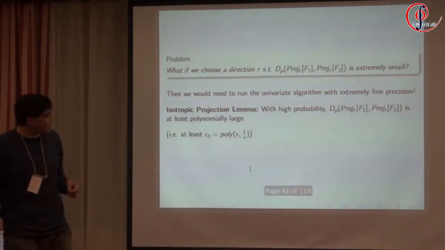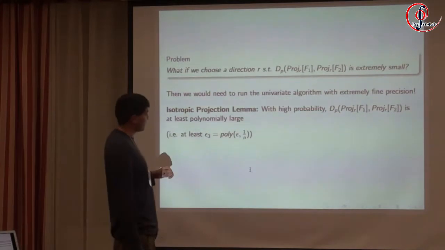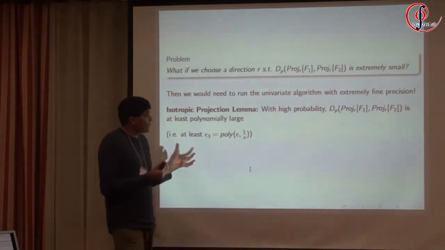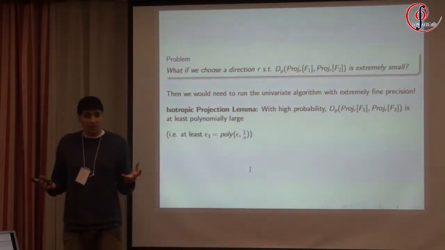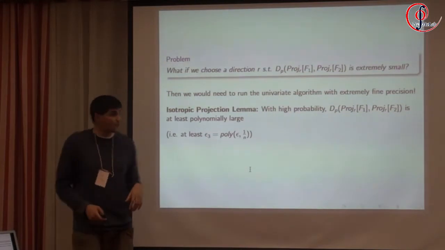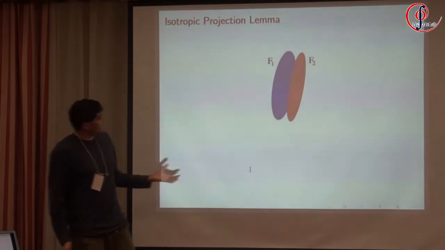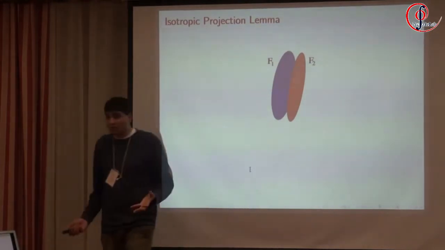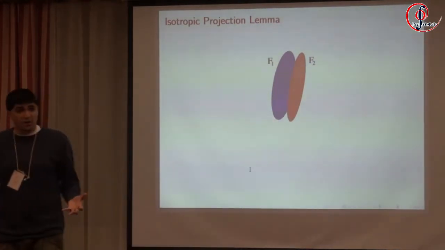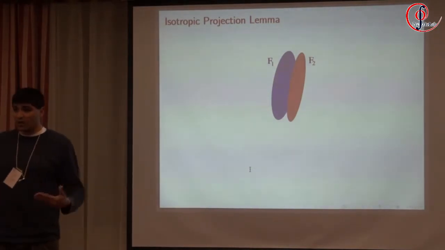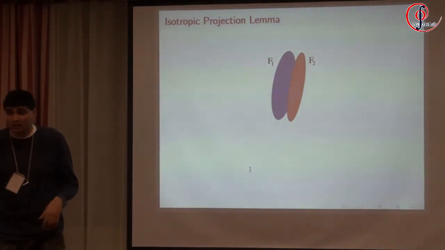So this isotropic projection lemma, which is one of the main technical pieces, is that we showed that if the mixture of two Gaussians is in isotropic position, which you can without loss of generality assume, then in fact this never happens. So the intuition is, suppose we had our high-dimensional mixture of two Gaussians. Now we want to show that when we project it onto a random direction, its parameters are noticeably different.